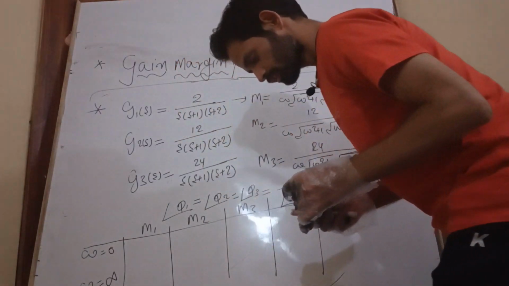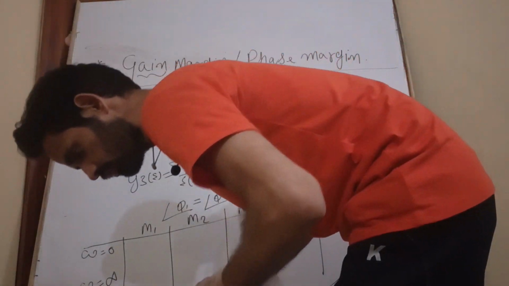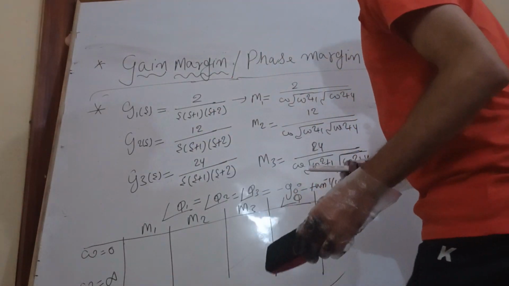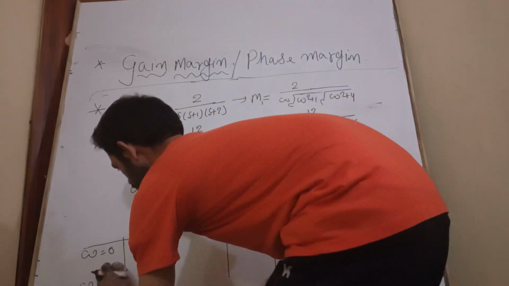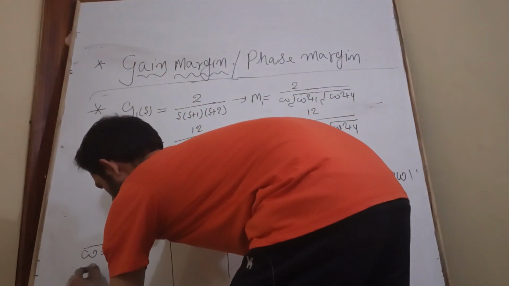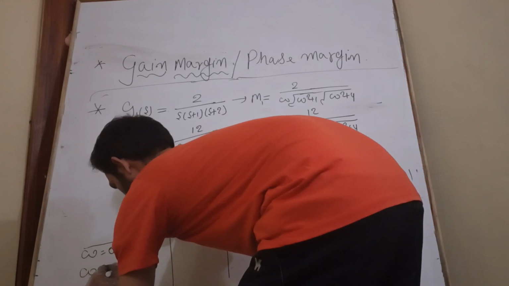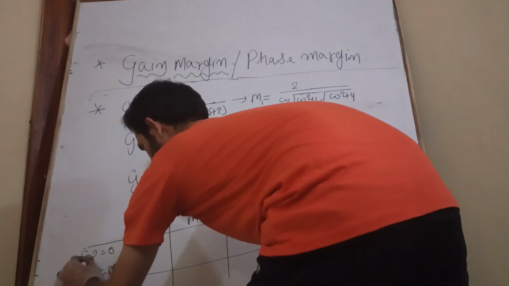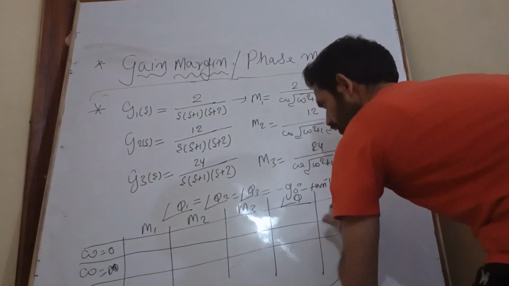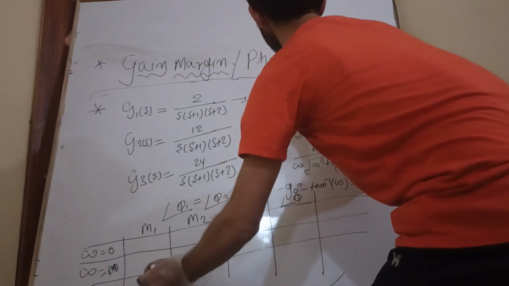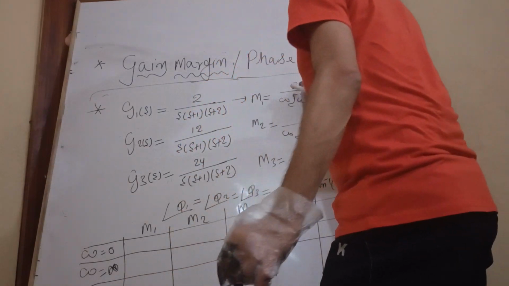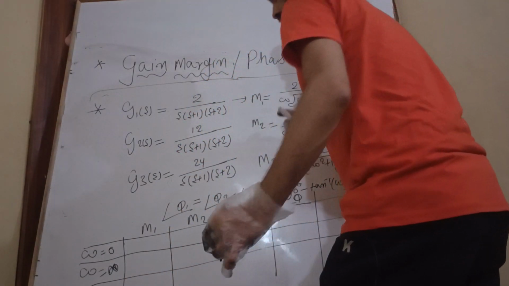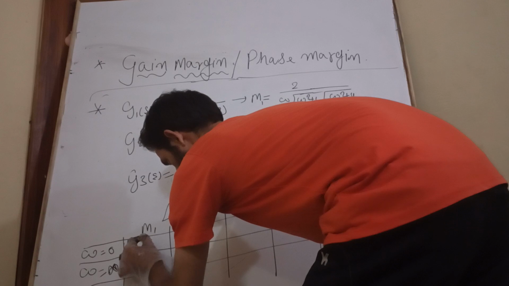So this is omega equal to 0. If you see here, this is M1, 2 by 0, which is infinite.